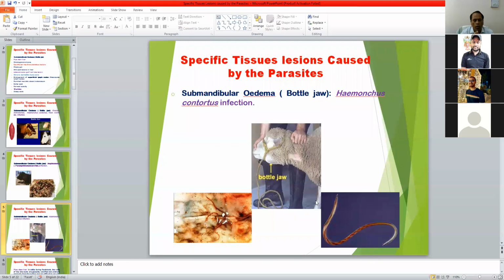So bottle jaw or submandibular edema occurs during fasciola infection, paramphistome infection, Haemonchus contortus infection, and hookworm infection, due to hypoproteinemia, especially loss of albumin.